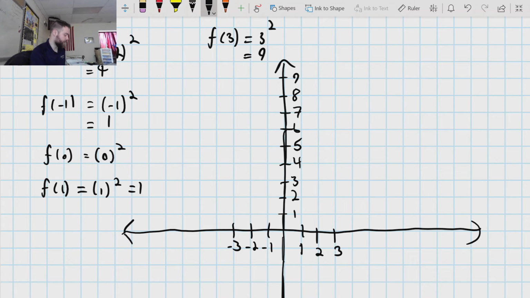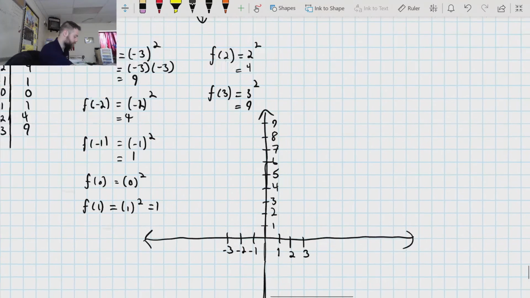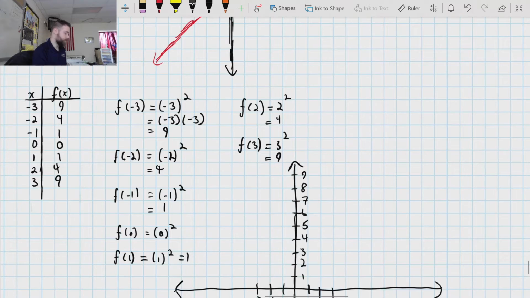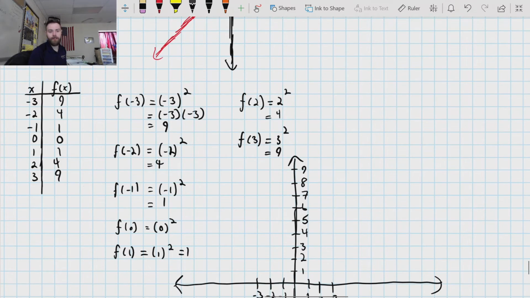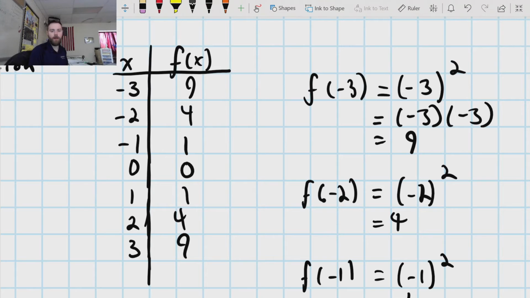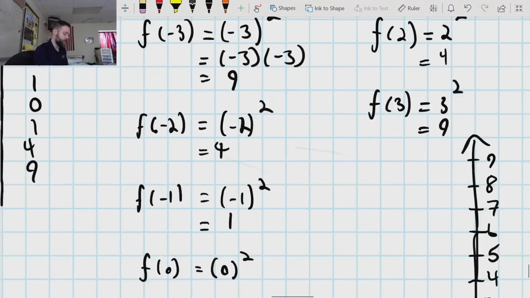So it's going to lag a second. Give it a second. Now it's starting to get it. So if you take a look at this f of x table over here, the first input-output pair is -3, 9. Okay?